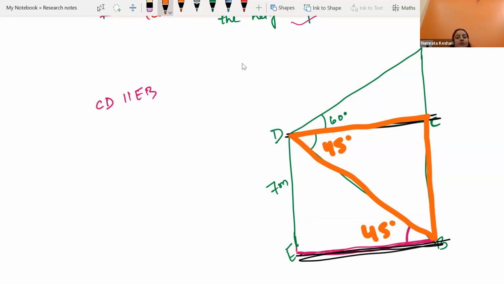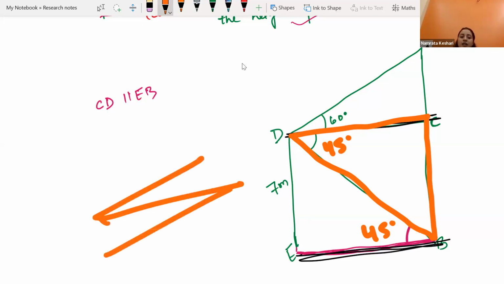If you are comfortable with that triangle, it's okay, focus over there. Or if you understand the concept that with two parallel lines and a transversal, this angle and this angle are a pair of alternate interior angles. Yes or no? Yes. So to keep our concept clear that this is the triangle we are having, that's why we are marking that this is also 45 degrees.